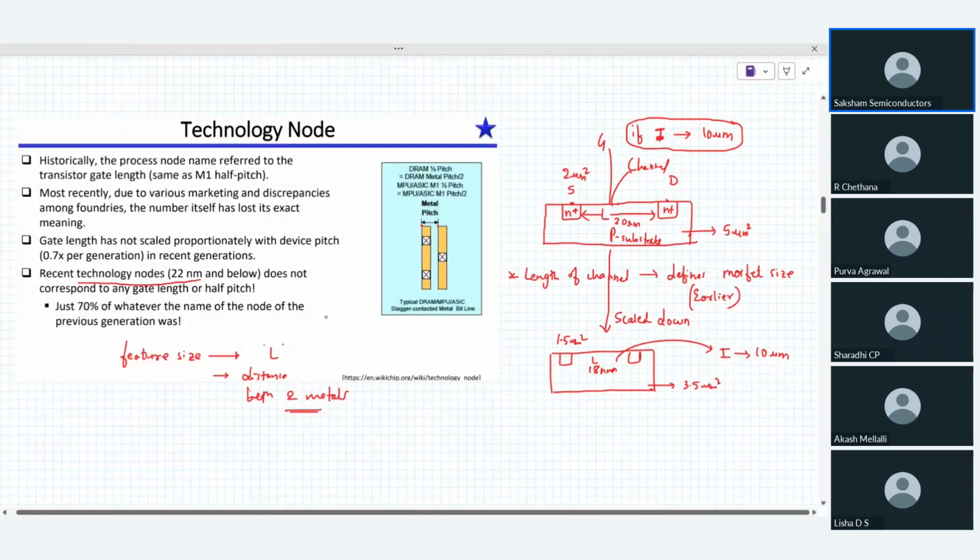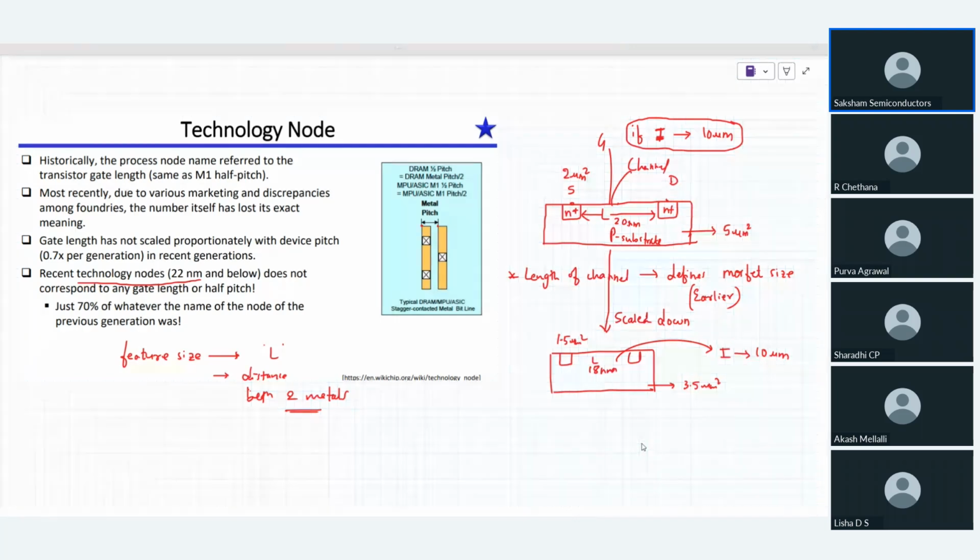Now again, how they are going to consider which metals, what are those things? Again, it's altogether a different ball game. But on a superficial note, you should be aware that the technology node, whatever we speak, is not always the length, but more or less length is one aspect that usually they used to consider earlier. Even nowadays, some of the companies do consider L as the major feature size.